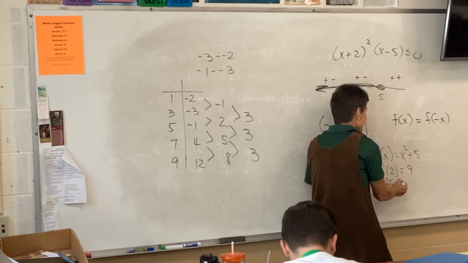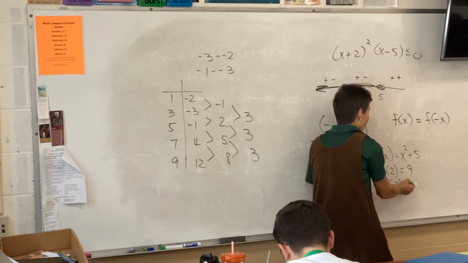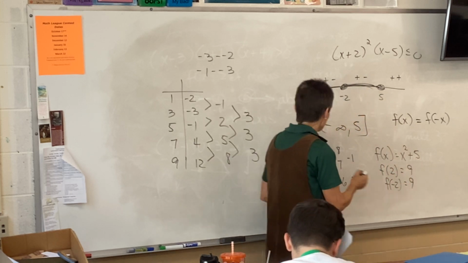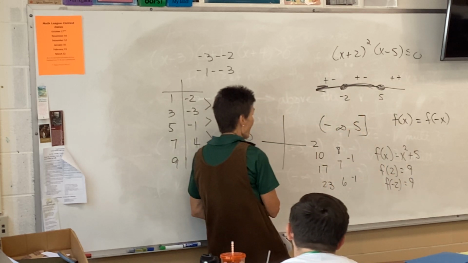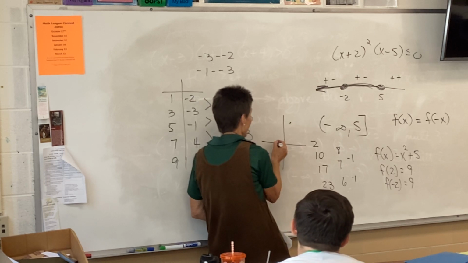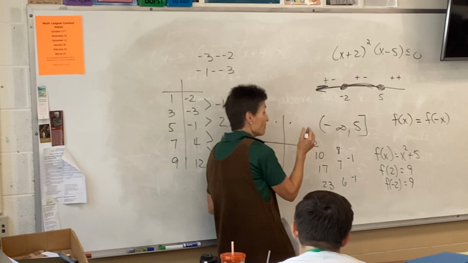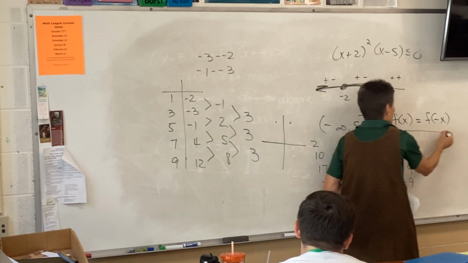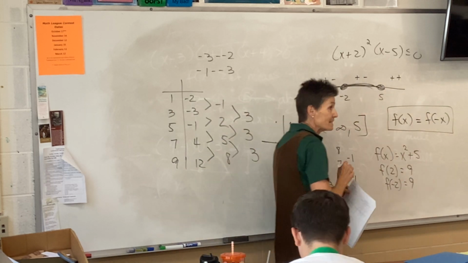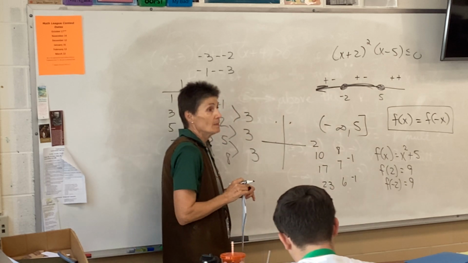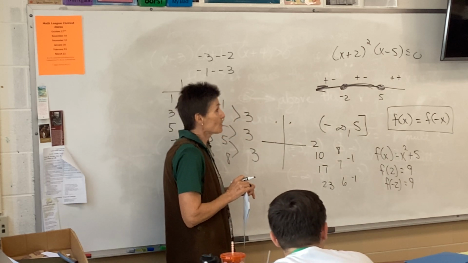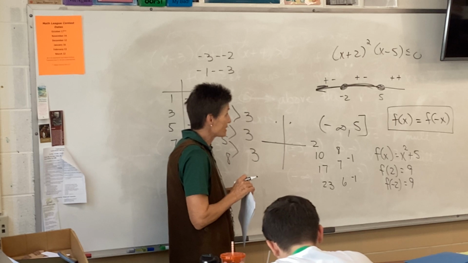What if I plug in negative 2? I also get 9, which means on the graph, the points (2, 9) and (-2, 9) are both on the graph. See how it's symmetric? That's what it means to be even. This is the definition of an even function. Graphically, they're symmetric across the y-axis.